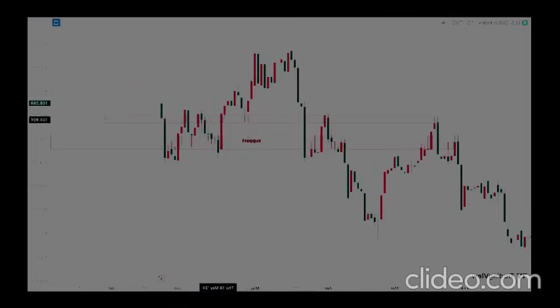You can select, okay, if this is support, then the market broke this support and came back to test here, and this will be a down move.